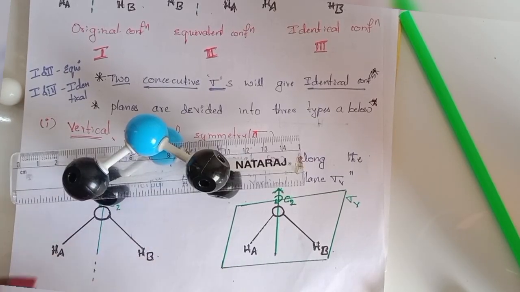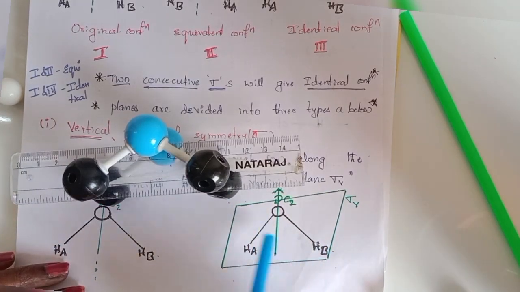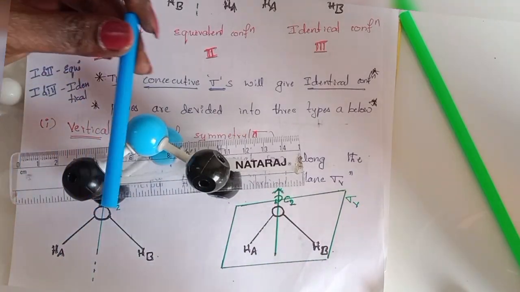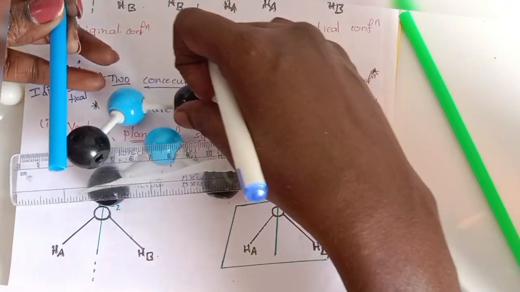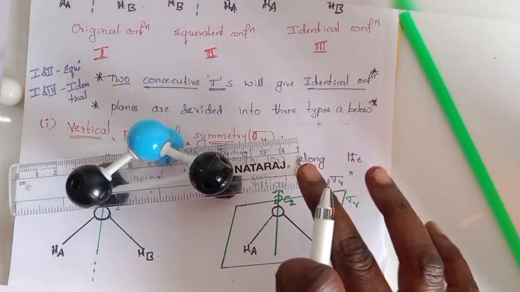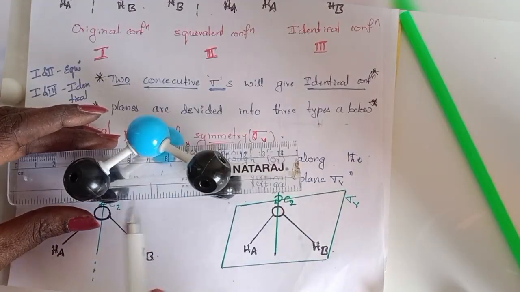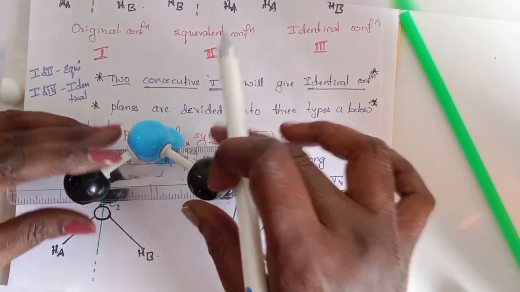And if you see the other plane, the molecular plane, which bisects all the atoms into two halves, can be considered as sigma v here because it is passing through the principal axis. The principal axis is like this, right? So if we put the plane, it bisects the molecule into two halves, right?